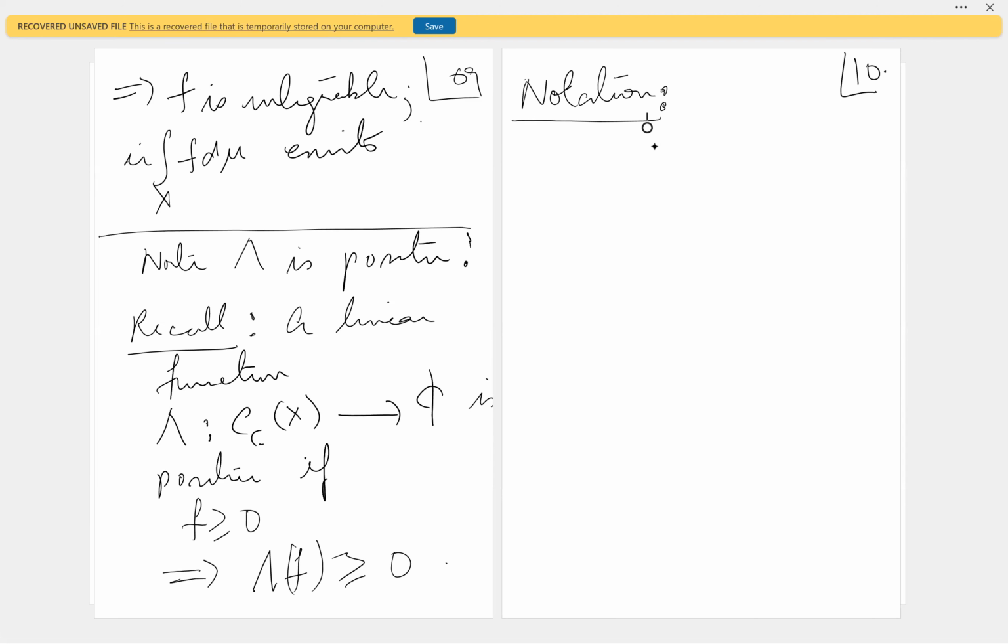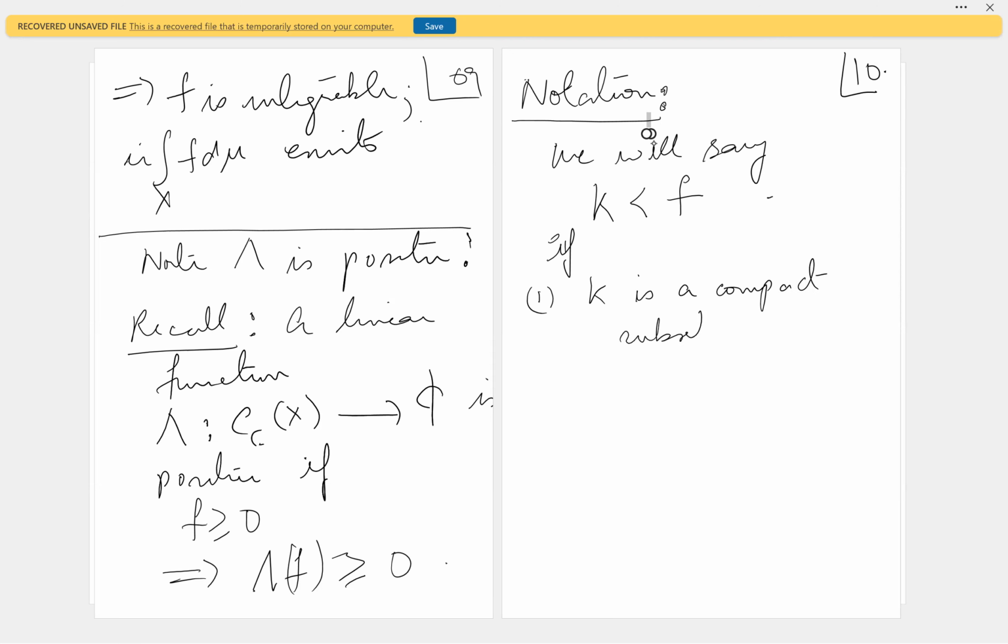All right. Now some notation, which is pretty standard. We will say K less than f, we'll use this notation to mean the following things hold. 1, K is a compact subset of X. 2, f belongs to C_c(X).